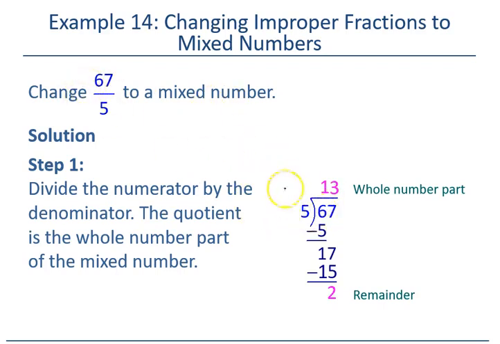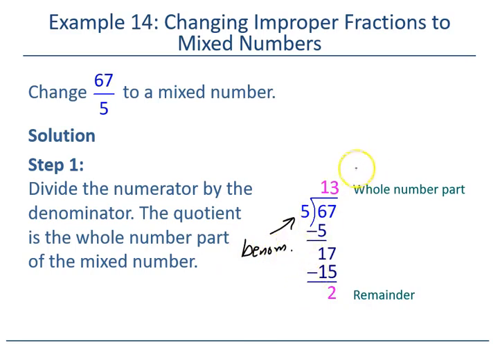Notice I'm just dividing 5 into 67. 5 will go into 6 one time, multiply the 5, subtract it off, get a 1, bring down the 7. 5 will go into 17 3 times. 3 times 5 is 15. Subtract, I got 2. Now you can see everything here. You've got the remainder, and you've got your original denominator right there.